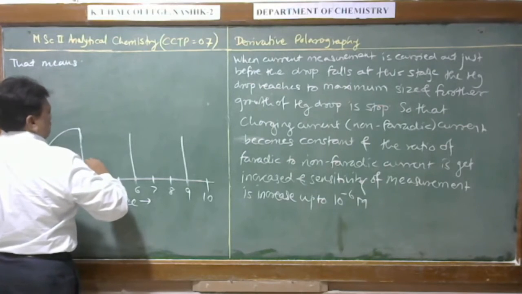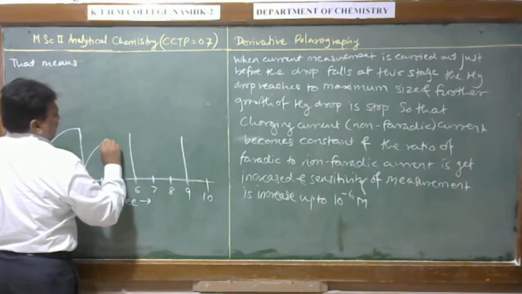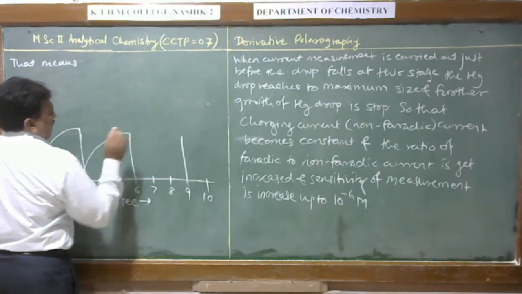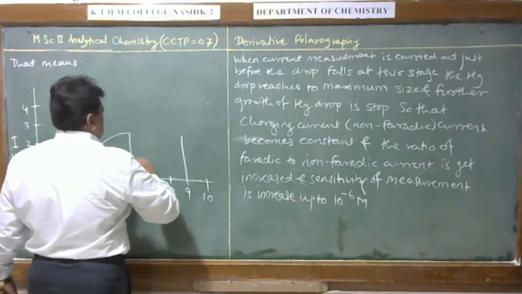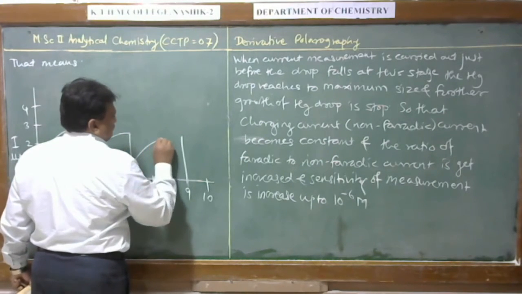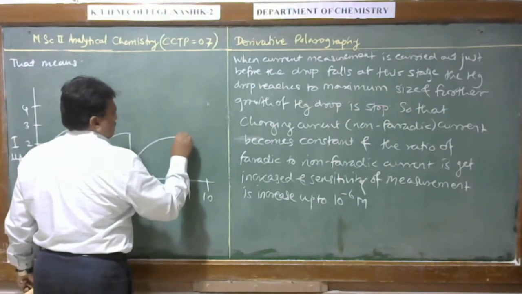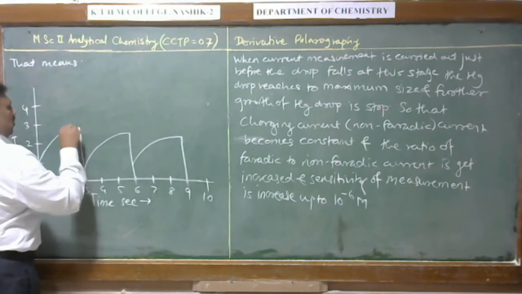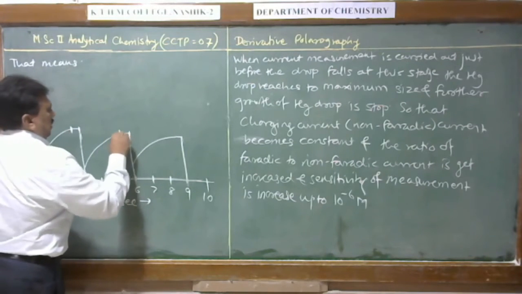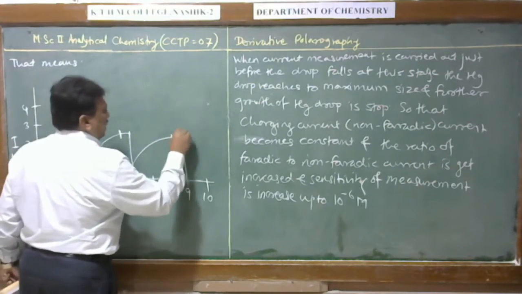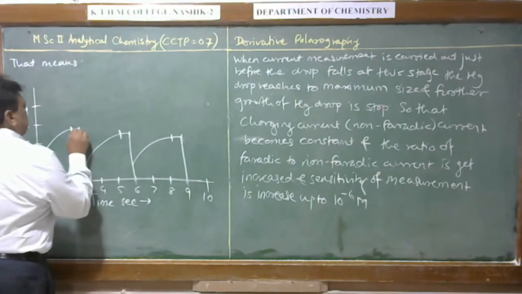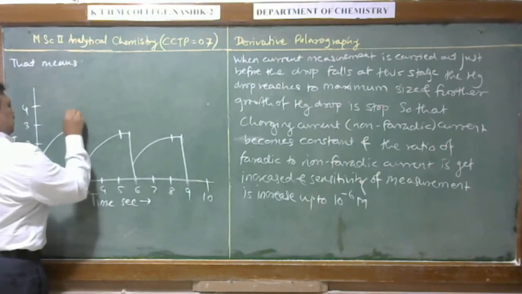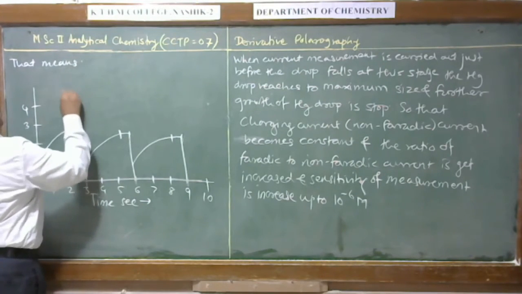Again, when a new drop grows it reaches maximum value and again becomes constant. Similarly, the size becomes nearly constant at the end of the drop life, and this is the measurement region.